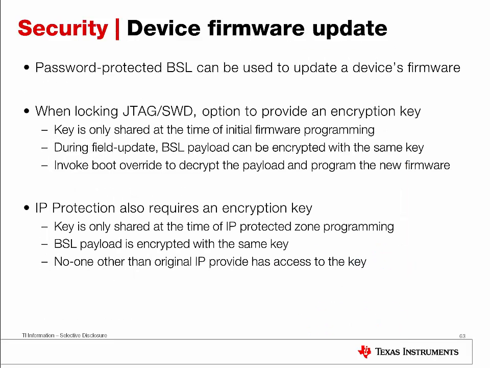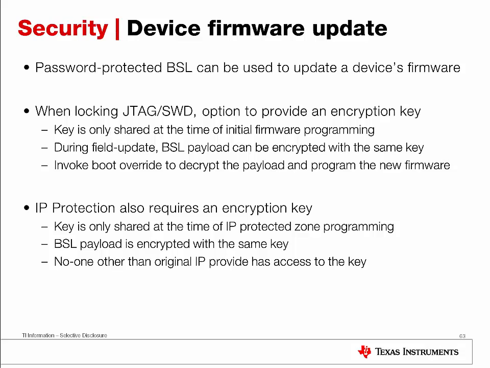There are multiple layers of security that are embedded into the firmware update mechanism of the MSP432 devices. At the first level, the bootstrap loader BSL is already protected by a specific password. So in order to gain BSL access to the device, whether the device is secured with JTAG or IP protection or not, a password must be provided by the BSL host. When the device is locked from JTAG and SWD access, the user has the option to provide an encryption key.